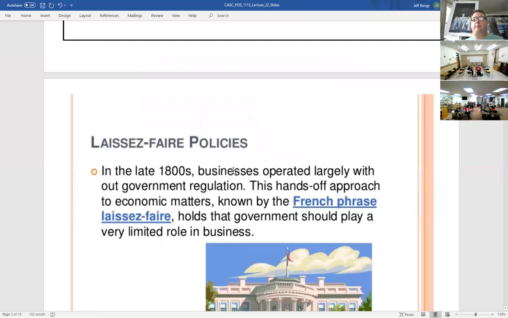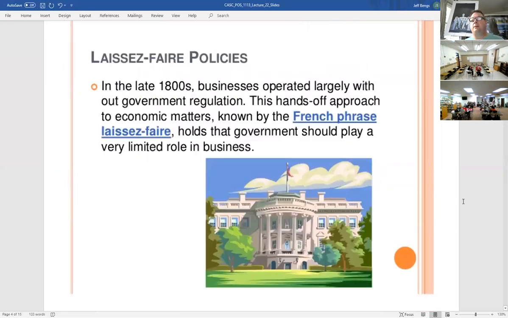A brief historical concept to know about economies is the type of economy that's called laissez-faire.